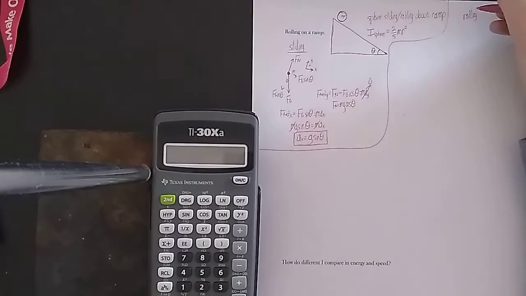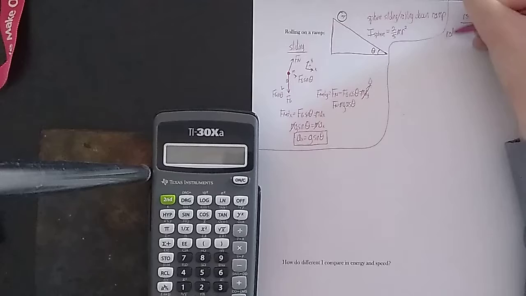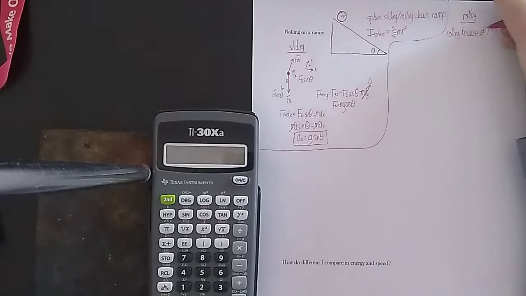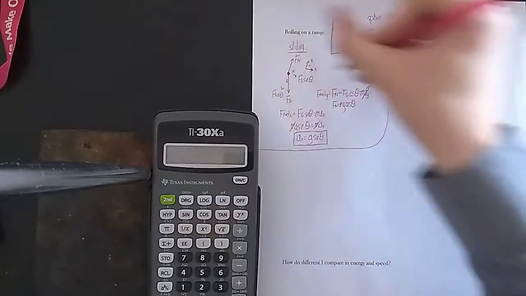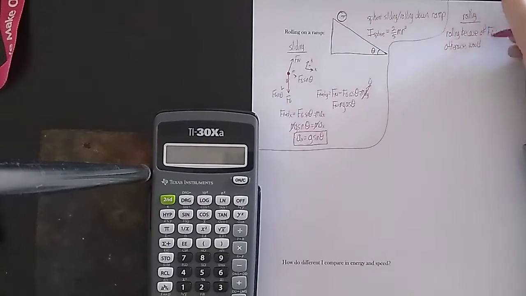So in a case where there's rolling, it would roll because of the force of friction. If there's no friction, just like over here, it slides.